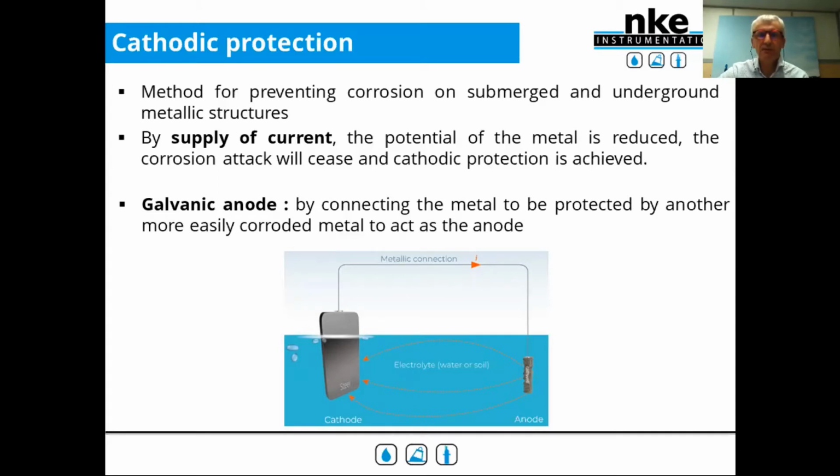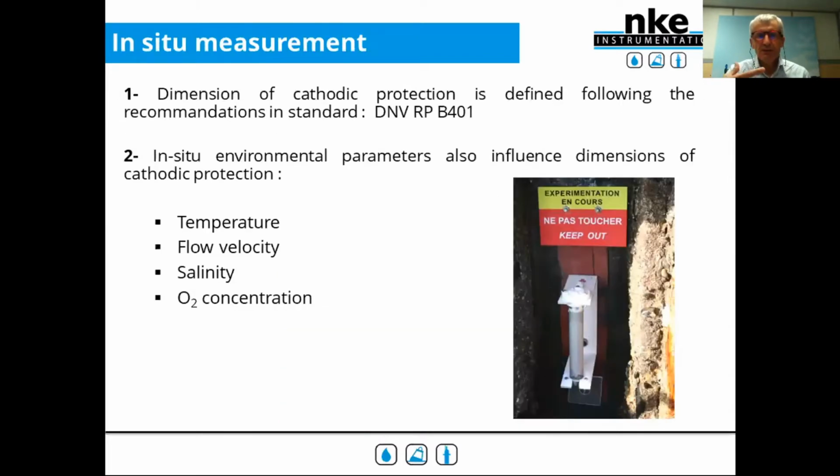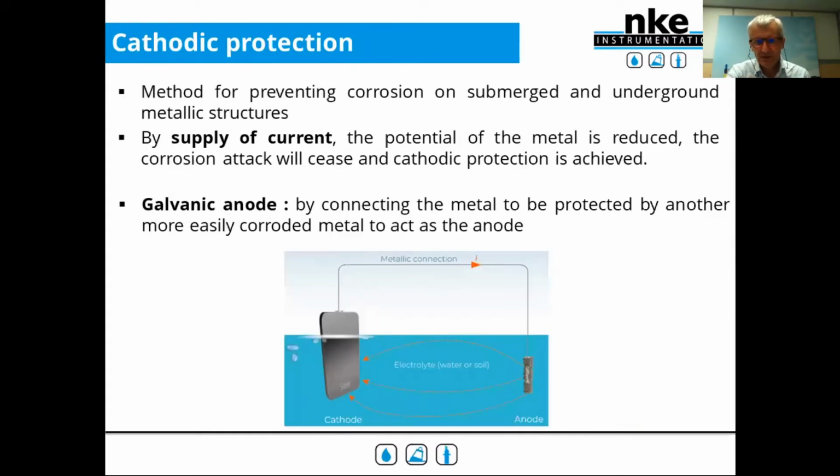This second method is the principle of the SCPC, which I want to talk to you about today. And the idea of the SCPC is to use the housing of the SCPC like the cathode.